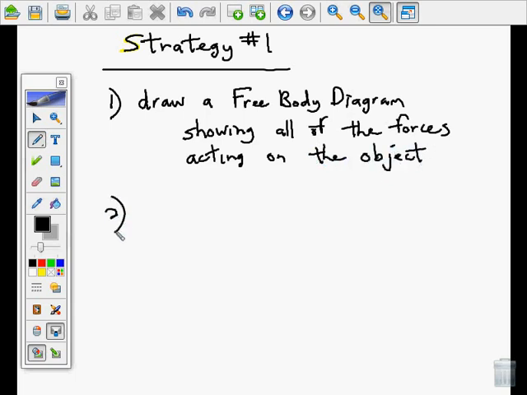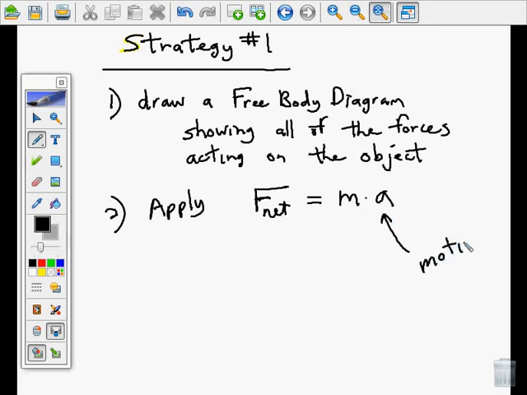Number 2, apply that powerful formula, F net equals m times a. And then realize that the a right there might have to come from a motion problem, and that F net might come from a vector problem.